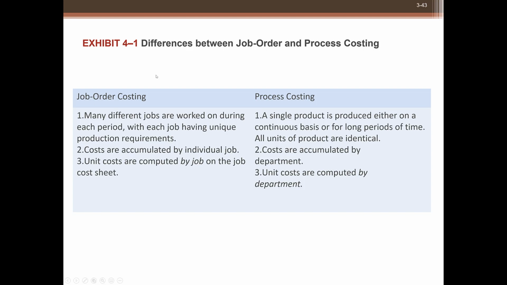And this is a table summarizing the differences between job order and process costing. I will not go into details, but just read through the differences, and if you're interested, you can read chapter 4 yourself. But for our homework or exam, we will skip chapter 4.